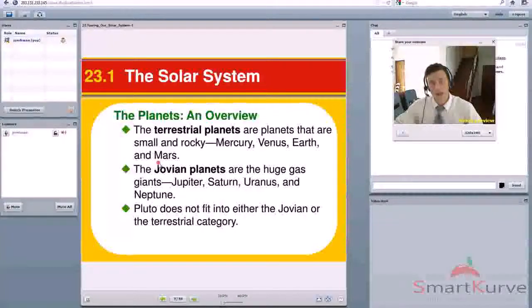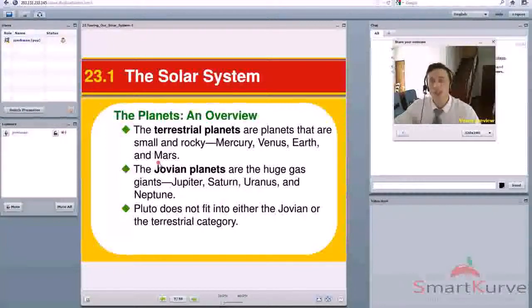But the planet Jupiter was given its name because Jupiter is the largest planet in our solar system, and so it was named for the king of the gods. And because Jupiter's other name was Jove, we now refer to all of these outer planets as the Jovian planets.